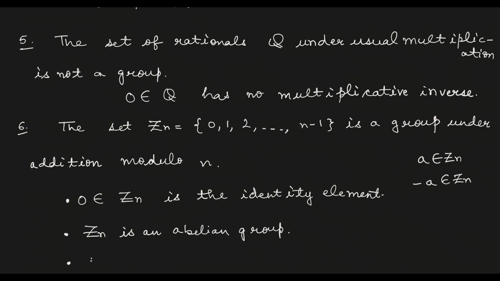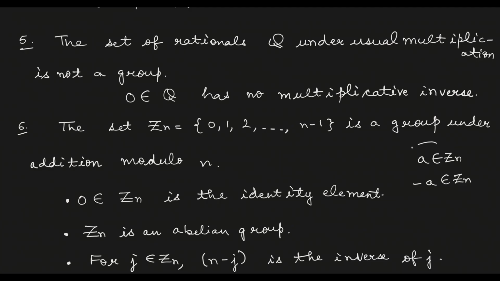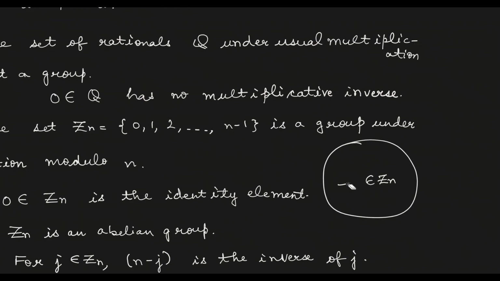I can also say that for j belongs to Zn, n minus j will be the inverse of j. Sorry, this would be the inverse when it is usual addition, but it is addition modulo n.